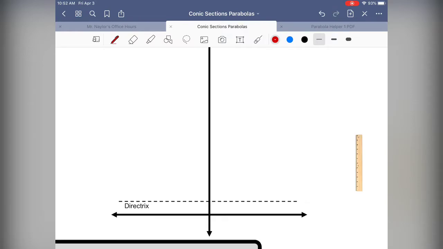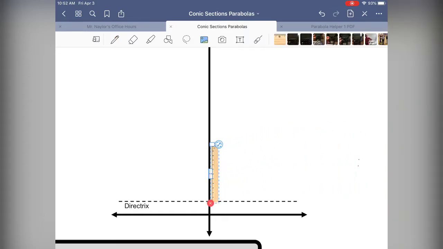But what we want to do is measure a distance here. Now, just pretend that I'm measuring again a 1/2 inch. So I'm going to put that down. That's going to make my first value here, which again ends up being the vertex.